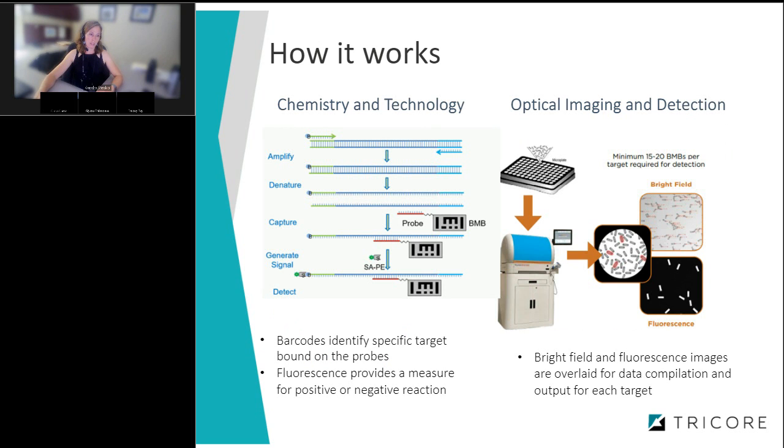So this instrument works by performing a reverse transcription, then a PCR, and 1 primer for each of the pathogen targets is 5' biotinylated. So you amplify, denature, and then you add a probe that will detect the amplicon that becomes attached to a barcoded magnetic bead.